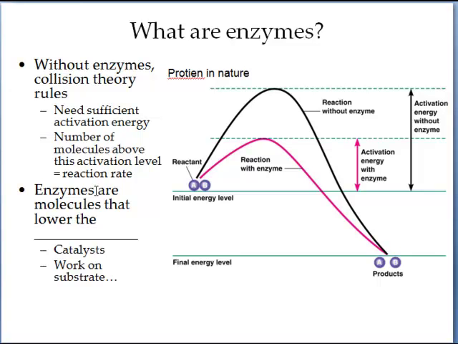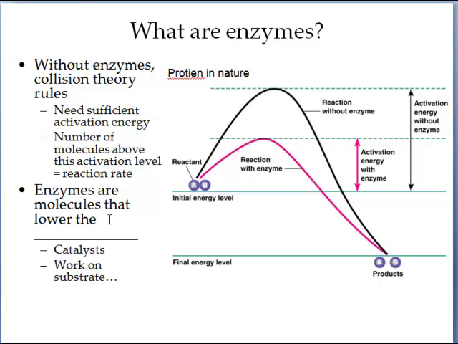So for example, if I take a cup of sugar and put it in a beaker and heat it, I'm supplying energy to these molecules, which will rearrange the electrons. That is an activation energy. So the number of molecules above this activation energy equals the reaction rate. So if more activation energy is there, then the reaction will take place.